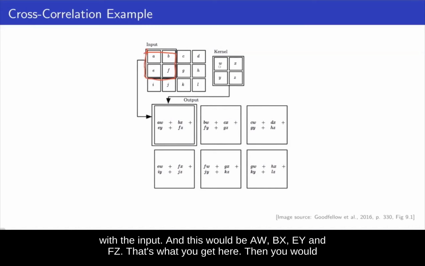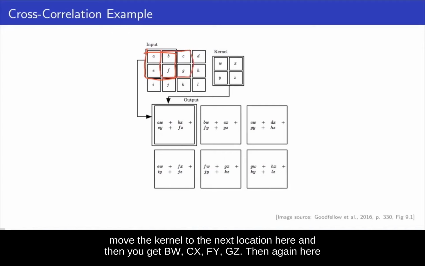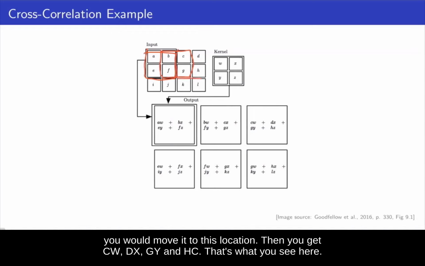Then you would move the kernel to the next location here, and you get BW, CX, FY, GZ. Then again, you would move it to this location, and you get CW, DX, GY, and HZ.